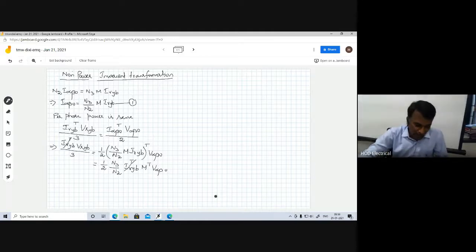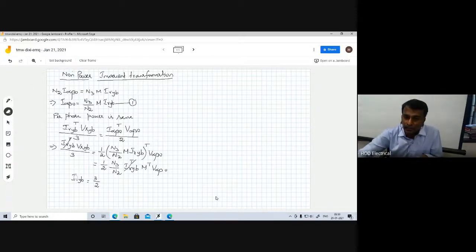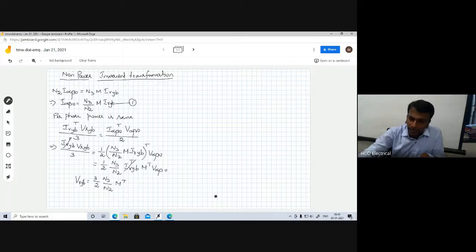So finally we have the equation: this 3 will go to the other side, so 3 by 2. V RYB equals 3 by 2 into N3 by N2 into M transpose into V alpha beta naught.